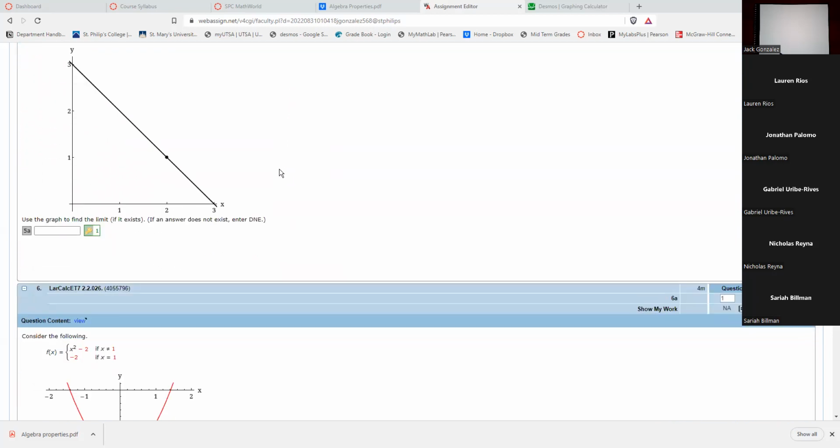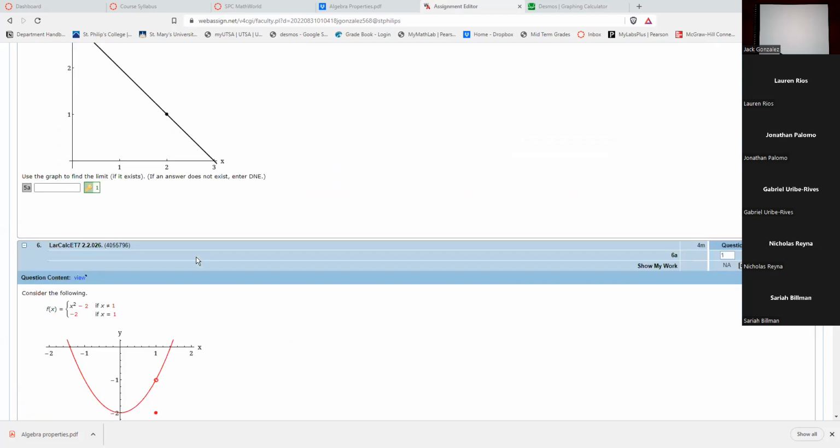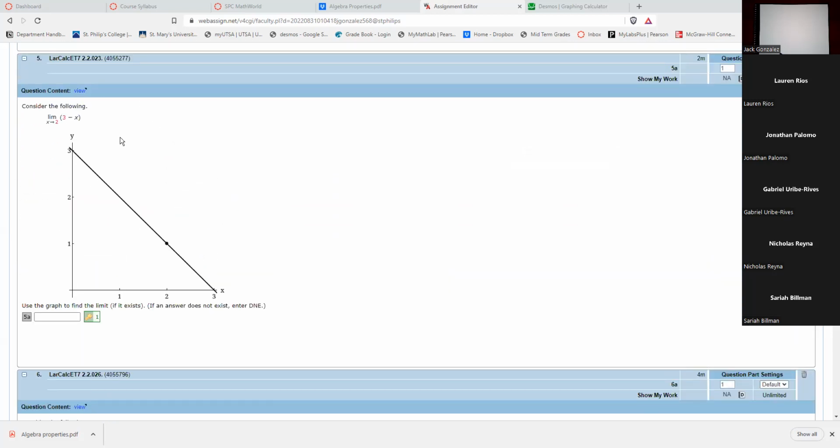Okay. Well, let's do one that's graphical. It actually gives us a picture. These are, I think, pretty straightforward, right? You just plug in the numbers and see what's happening. You just write them down. On number 5, this function right here, I want you to let me know what the answer is.